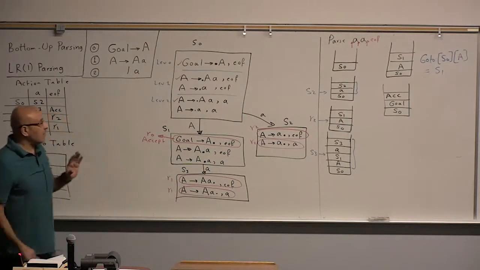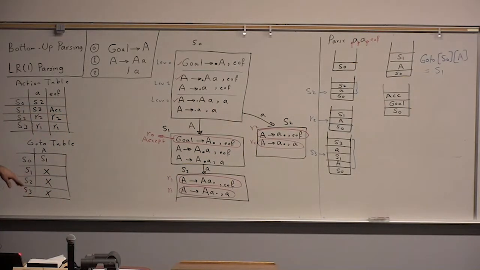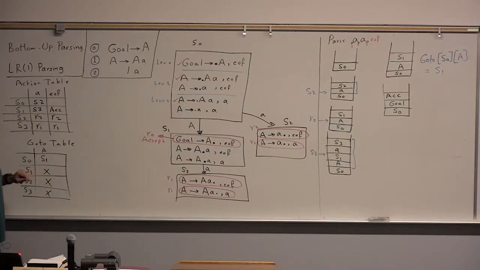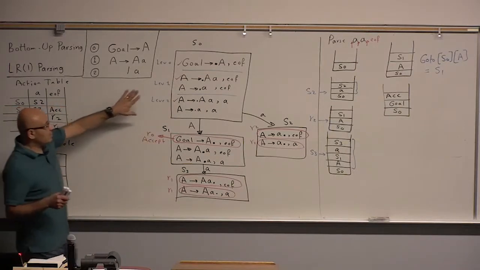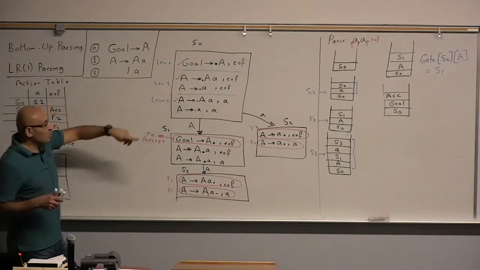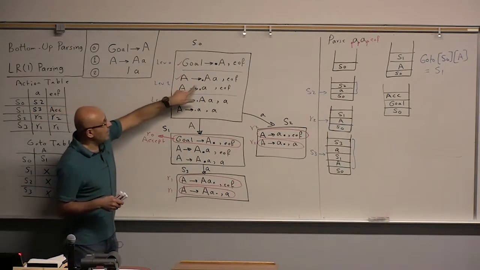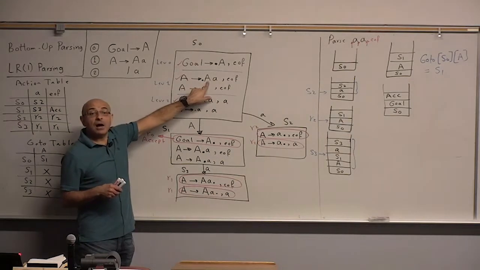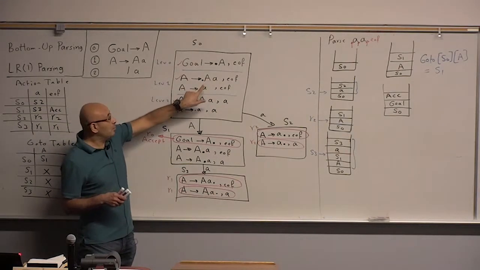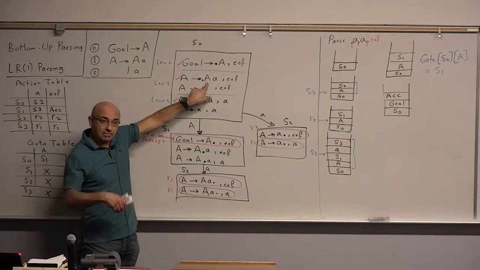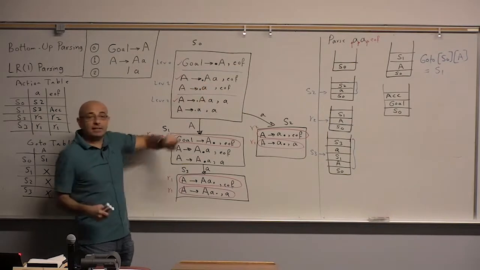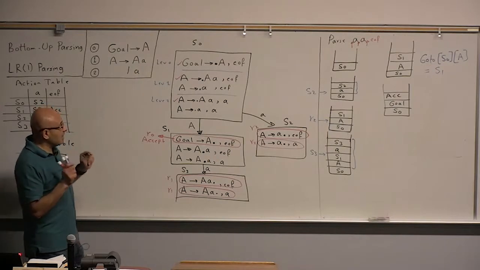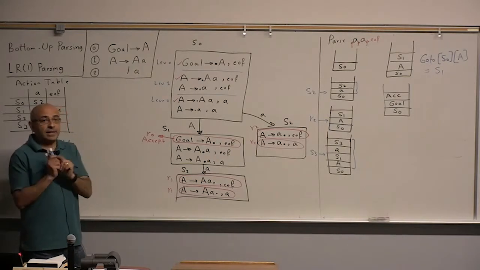Now, to summarize how all of this works, first of all, I construct these states. And the trickiest part is what we call the closure, which means for every placeholder that appears before a non-terminal, I have to put all the definitions, all the productions that define that non-terminal, and I have to carefully decide what the look ahead is going to be.